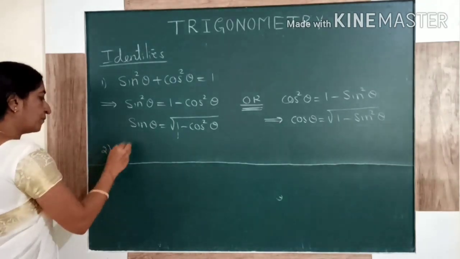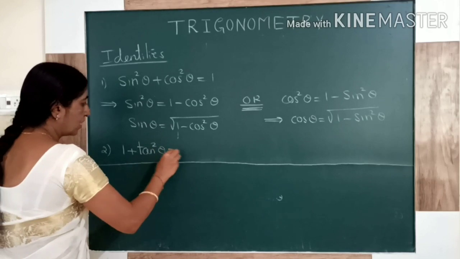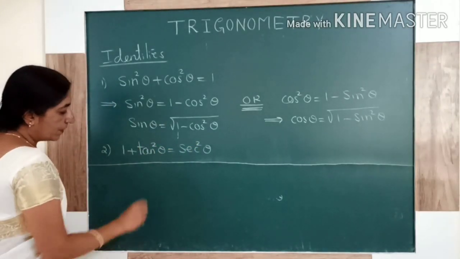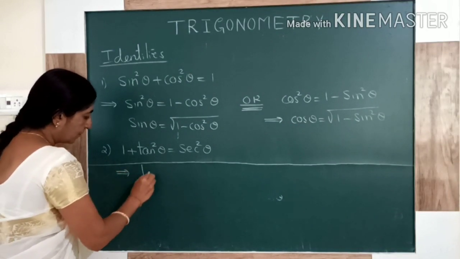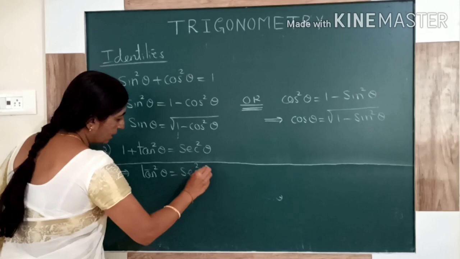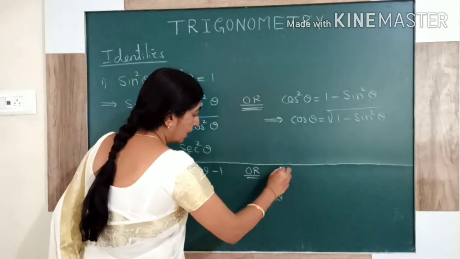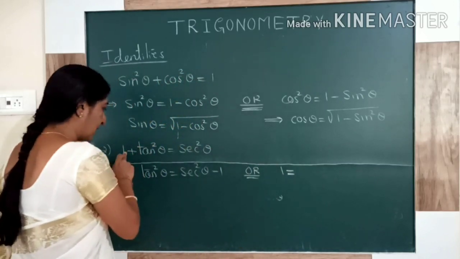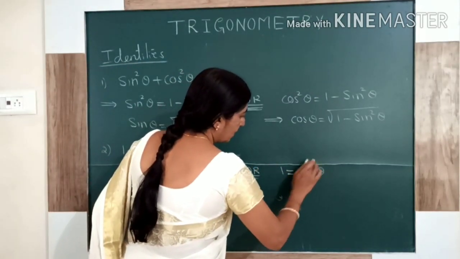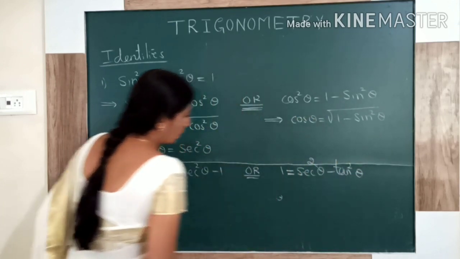What is the second? Second is 1 plus tan square theta is equal to secant square theta. Depending on the problem, you can write tan square theta is secant square theta minus 1, or sometimes we use it like this: keeping 1 as it is, taking tan square on that side, 1 is secant square theta minus tan square theta.